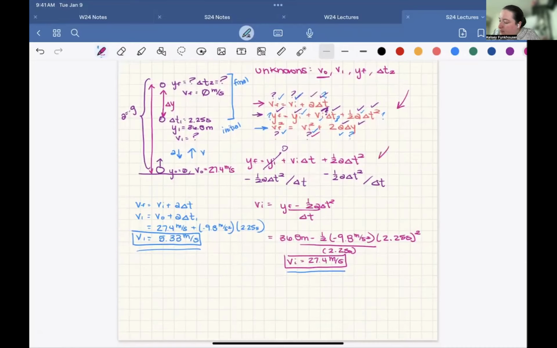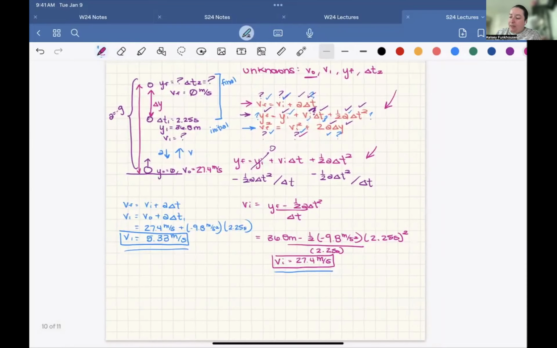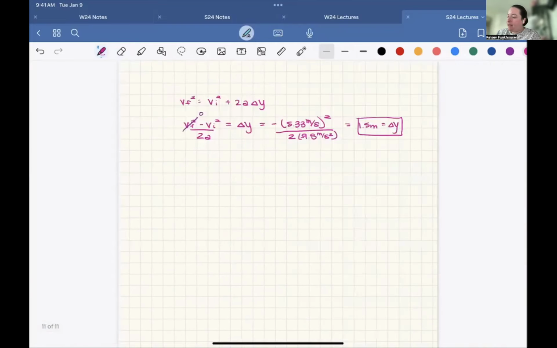That is what we used to solve for the initial velocity. We went back and did the same thing to find the velocity at position 1, for which we picked a different equation. And then finally, we were asked for the displacement from position 1 to the final position, and we picked a different equation for that one and got 1.5 meters.